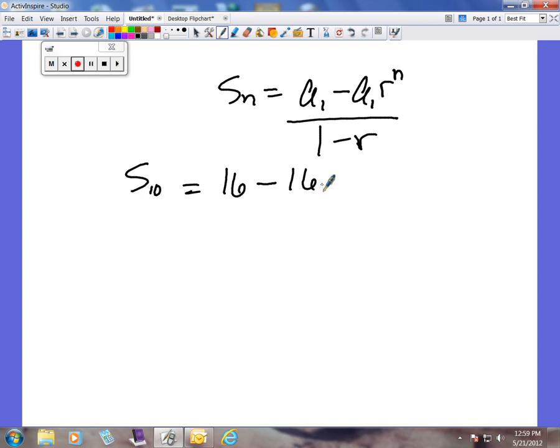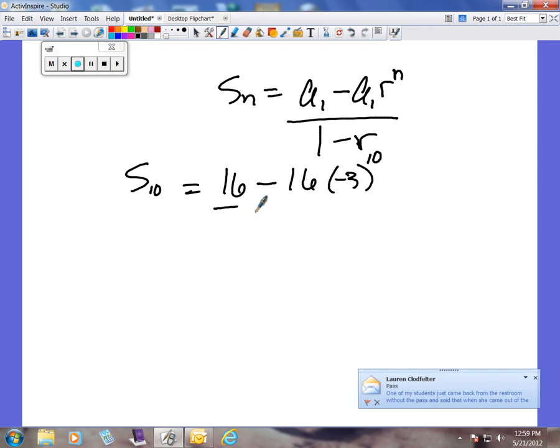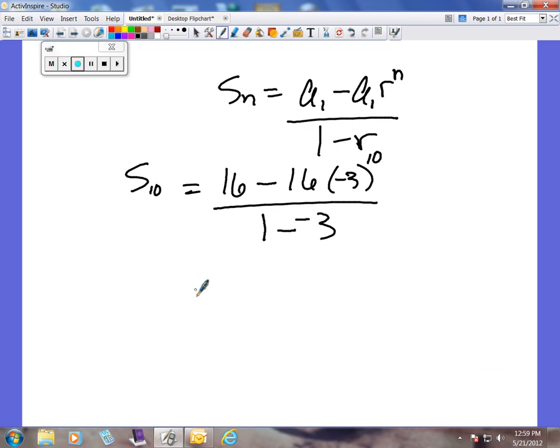Negative 48 divided by 16 is negative 3. So this will be raised to the 10th power because n is 10, right? All over 1 minus your r. What's 1 minus a negative going to do? It's going to become plus a positive, won't it?